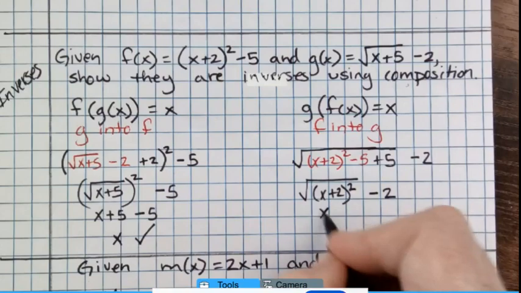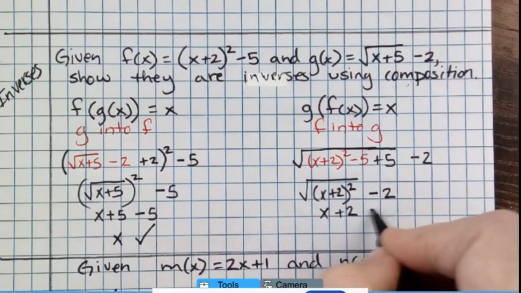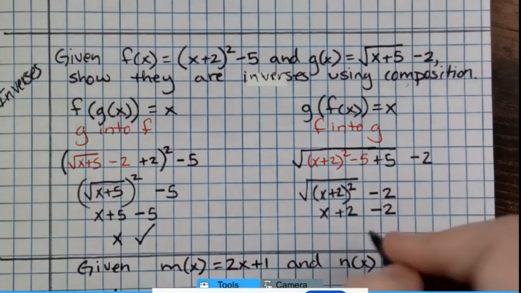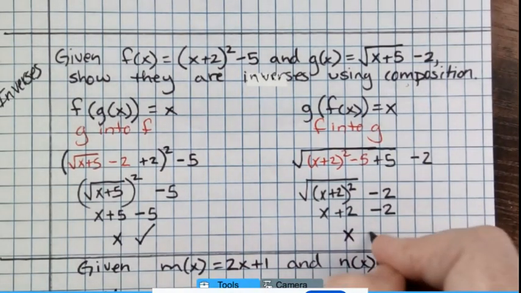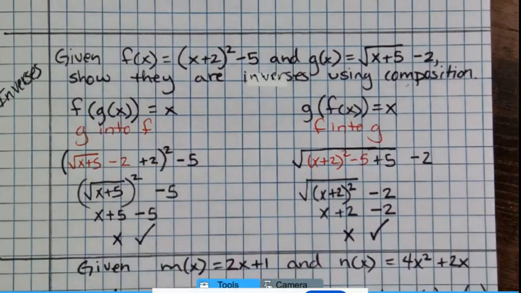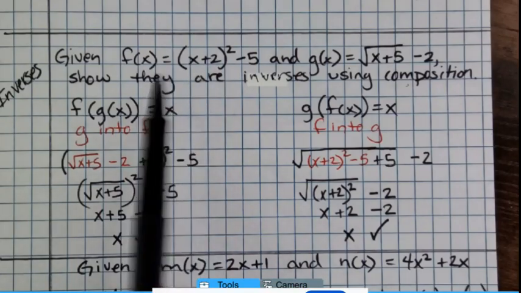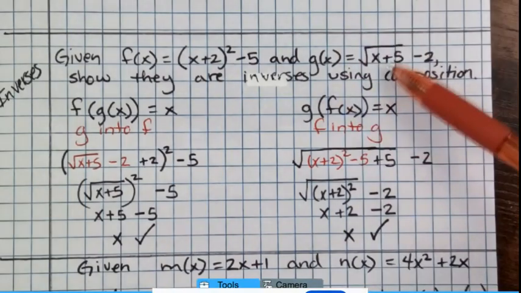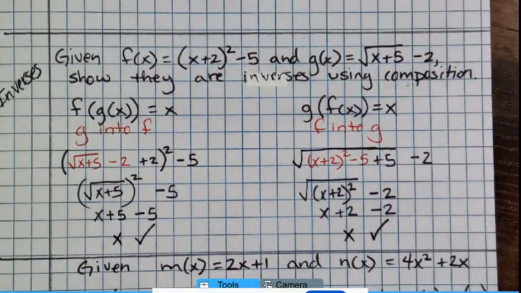So we've got x plus 2 minus 2. And the plus 2 and the minus 2 will cancel, so we're left with x. So these two are, in fact, inverses because of the x. I will say, though, if you graph these, you will have to restrict the domain on f of x, okay? Because square roots don't have negative answers.